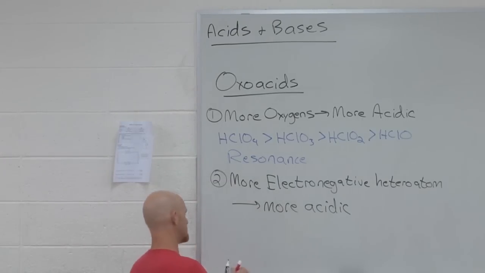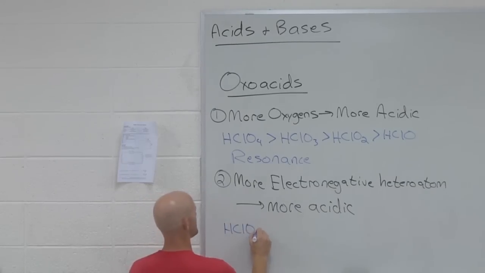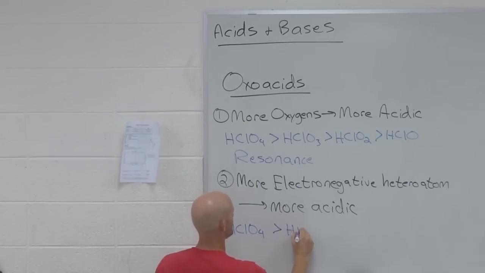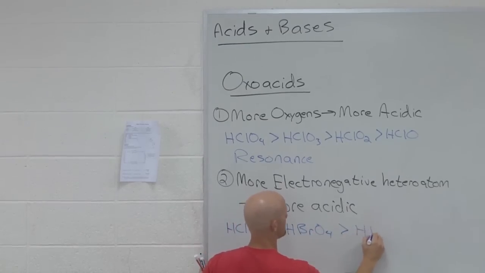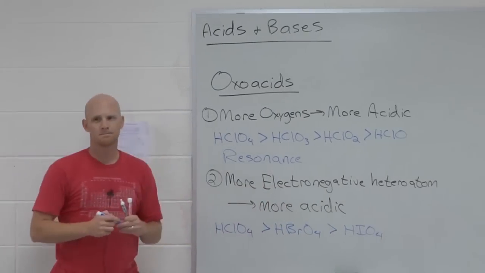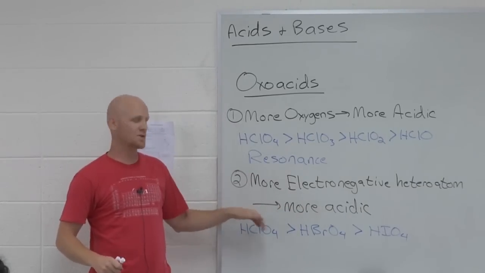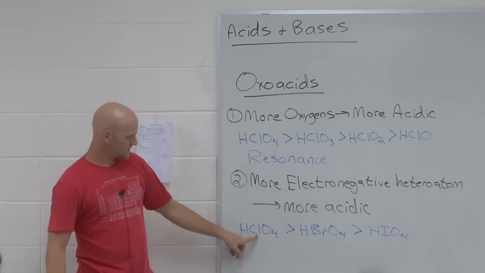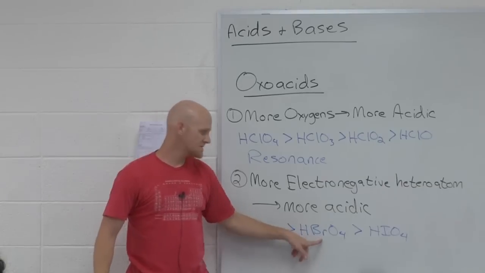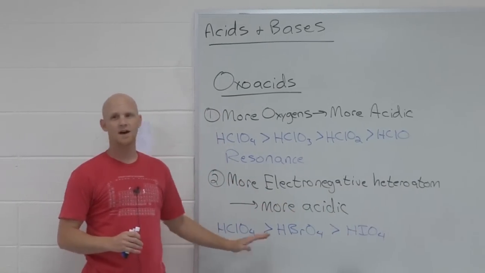And so in this case, we could use this to figure out that HClO4 is more acidic than HBrO4, which is more acidic than HIO4. Because they all have the same number of oxygens, that's when this comparison becomes relevant. And chlorine is more electronegative than bromine, and bromine's more electronegative than iodine. Hence the trend. Nothing to do with size whatsoever.